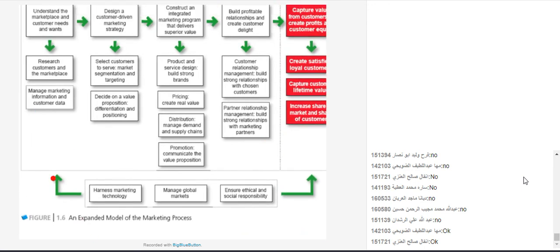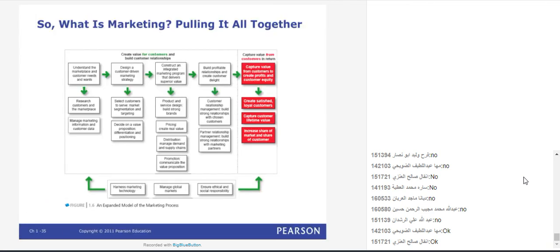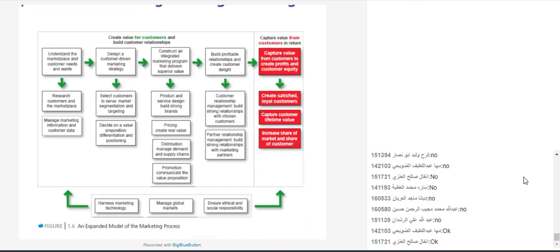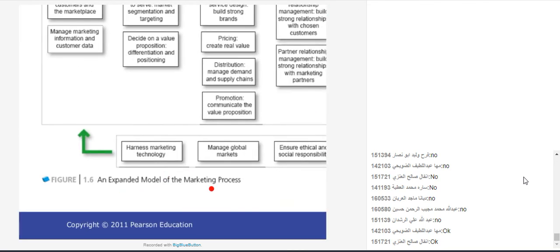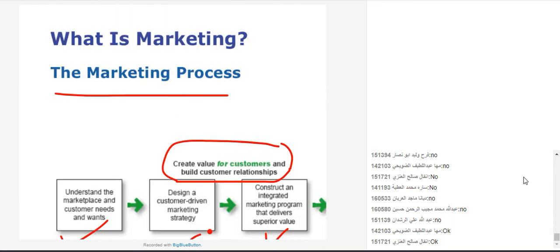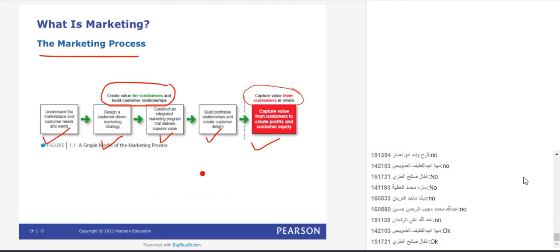And we have here the digital age and technology and the major developments in the marketplace, which are affecting all these models. Okay, and that's why we called it the expanded model of the marketing process, which is actually the same one as this one, but it is expanded a little bit.